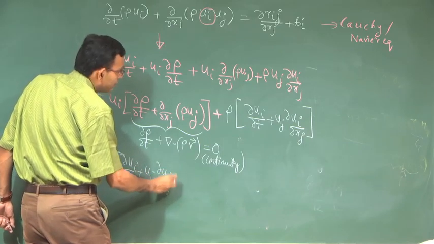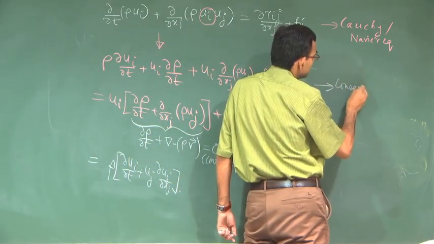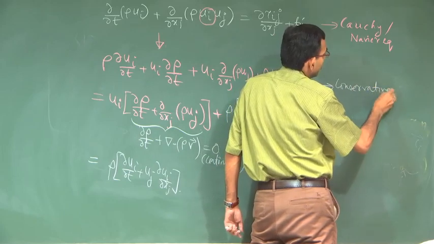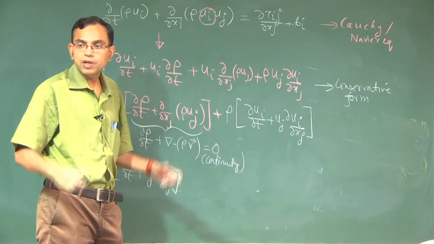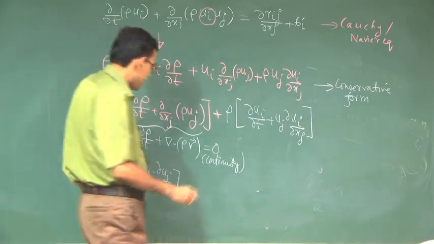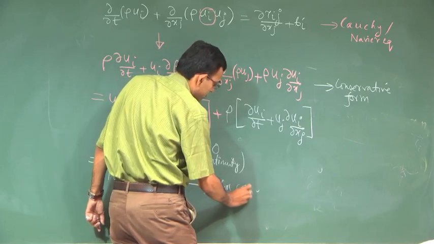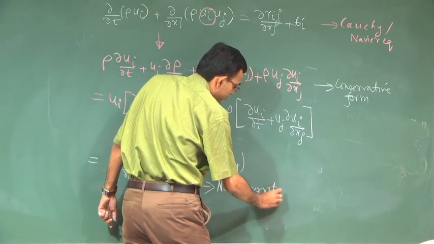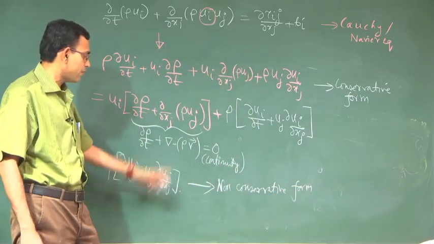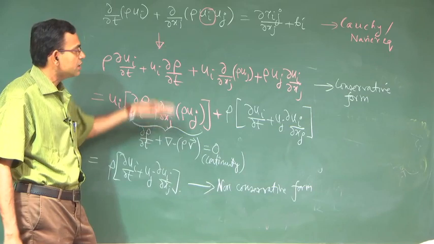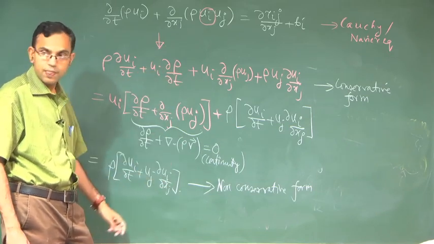This particular form is called the conservative form. It is called conservative form because it is directly derived from the conservation principle, and this is called the non-conservative form because it is not directly derived from the conservation equation, but conservation equation in conjunction with continuity equation leads to this simplification.